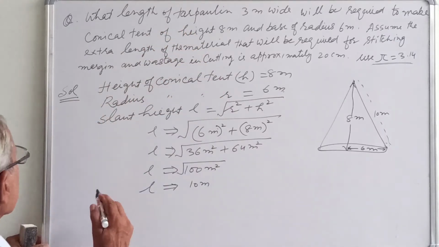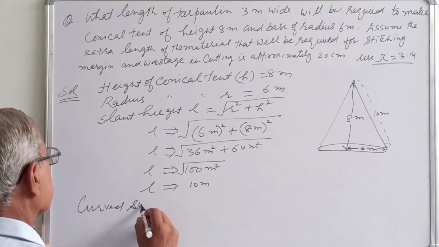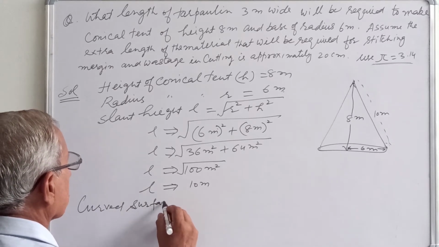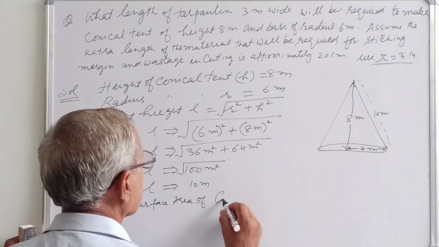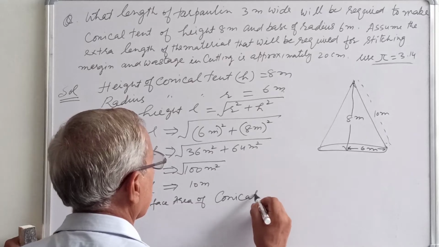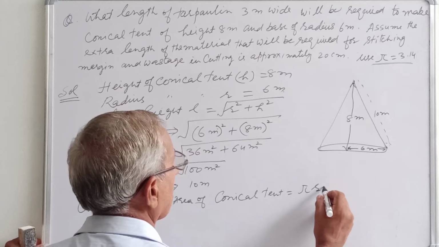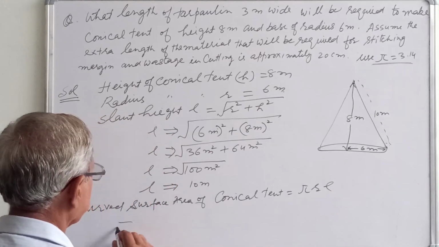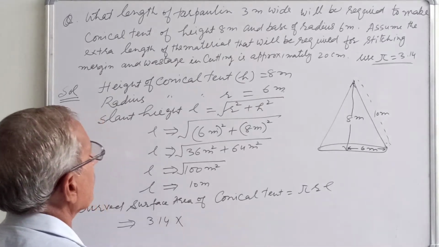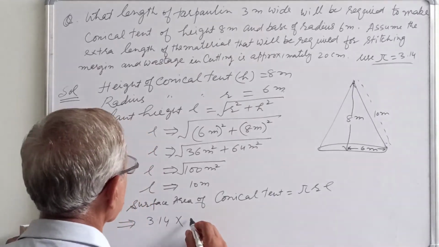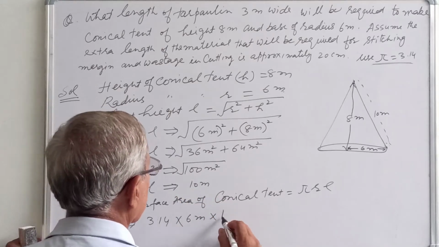The curved surface area of conical tent is pi r l. 3.14, value of r is 6 meter and value of l is 10.